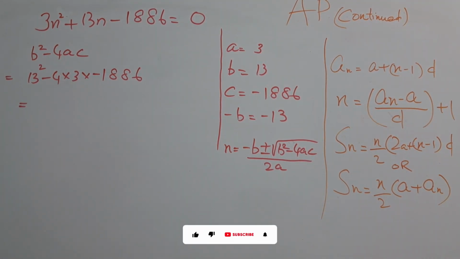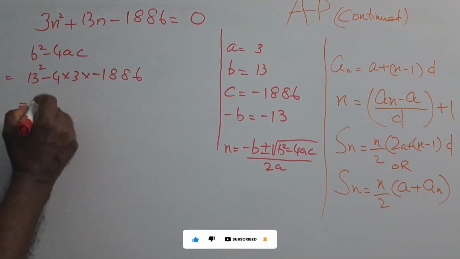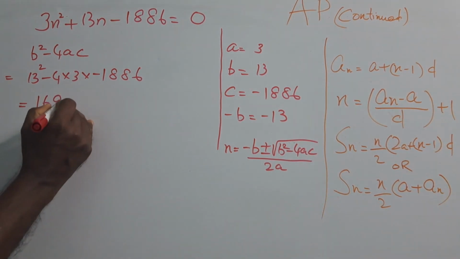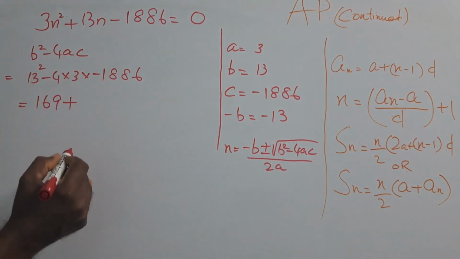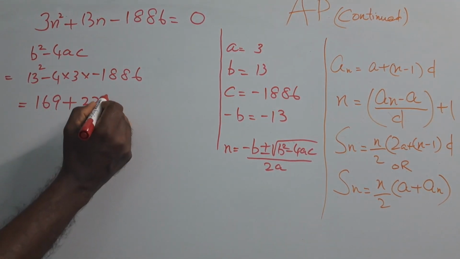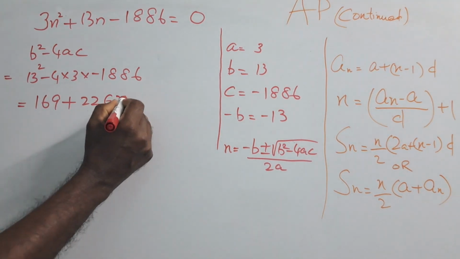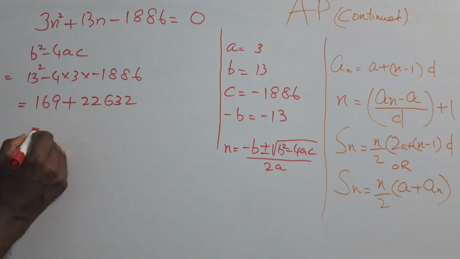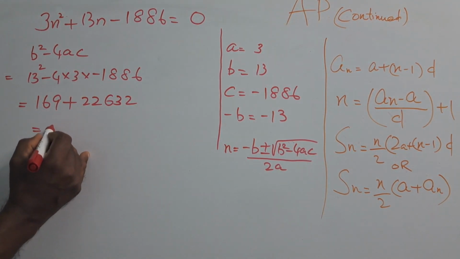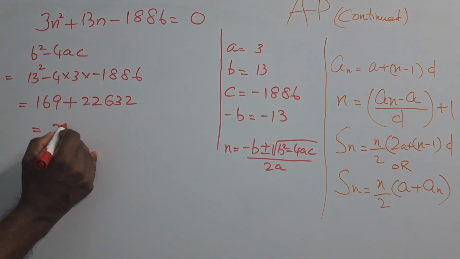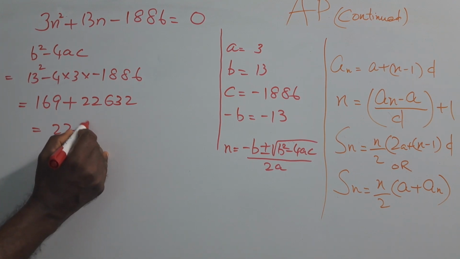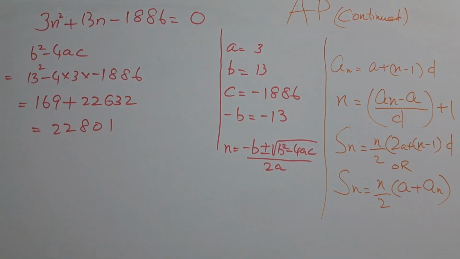When you multiply, you get an answer of 22,632. 169 plus, minus into minus is plus, 22,632. When you add these two, you get 22,801.